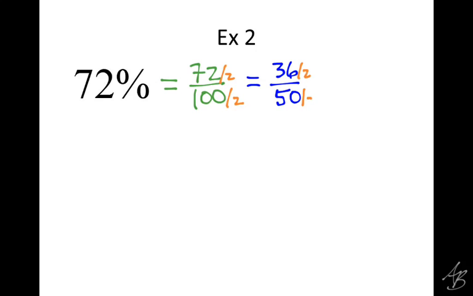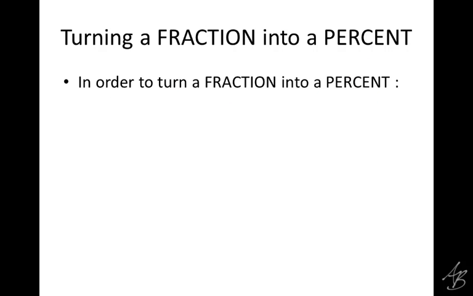So we reduce by 2 again. We get 36 divided by 2? 18. And 50 divided by 2? 25. Can I reduce again? 18's even, right? Yeah, but 25 isn't. So we're done.